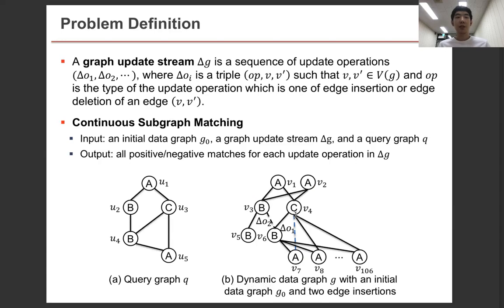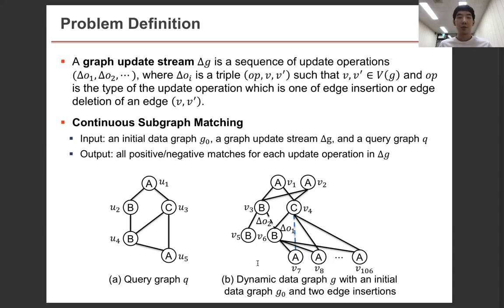This problem deals with dynamic graphs that change over time through a graph update stream of edge insertions and deletions. This figure shows the dynamic graph with two edge insertions, delta O1 and delta O2. For a given query graph Q and dynamic data graph G, the continuous subgraph matching problem is to find the positive or negative matches for each update operation.